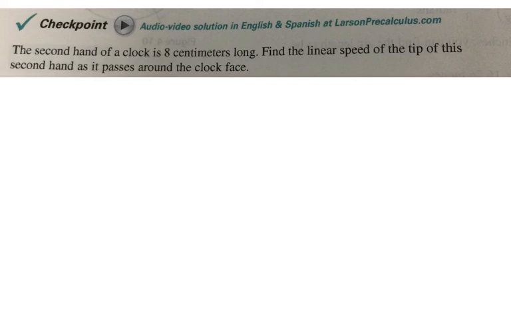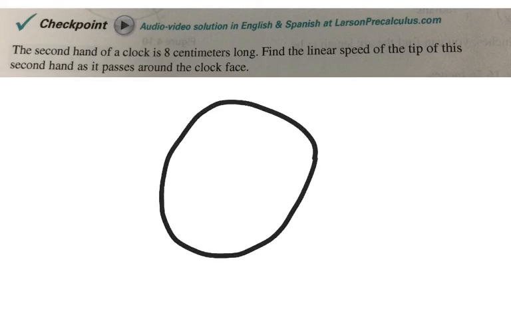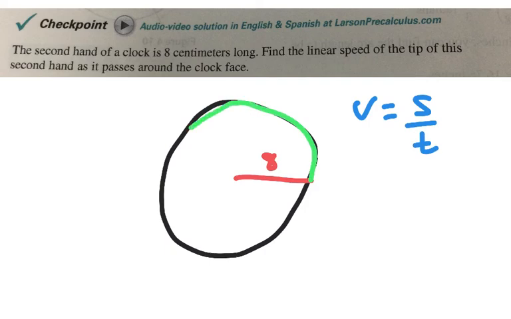So it says here, if I have a clock, this time the second hand is only 8 centimeters long. Okay, but that is my radius. And it's the same setup. If we're finding the linear speed, V equals S over T. So if I'm wanting to go all the way around the circle, that's my S. That is the arc length.